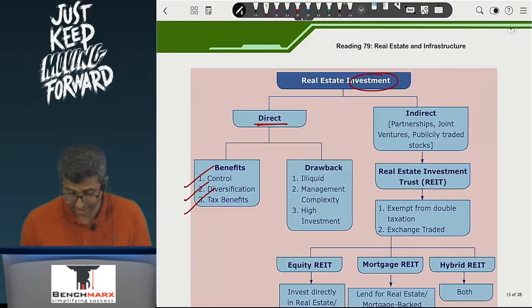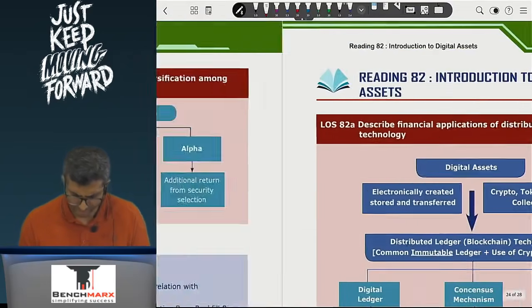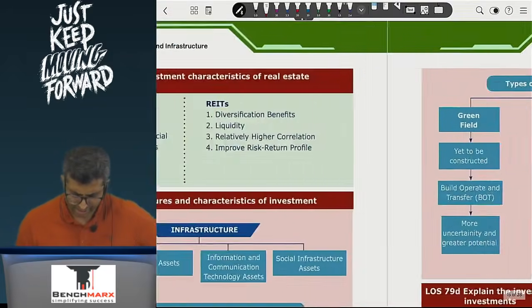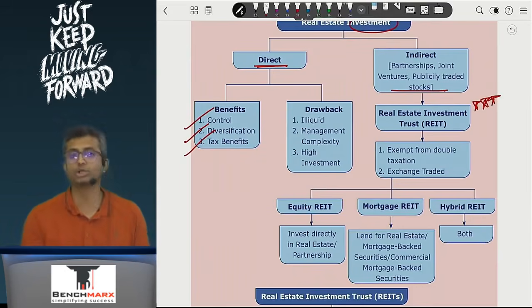When I look at indirect, this is done using partnerships, joint ventures, or investment in publicly traded stocks. The most important route, at least globally, has been the real estate investment trust, and the benefit over here is that it is exempted from double taxation.